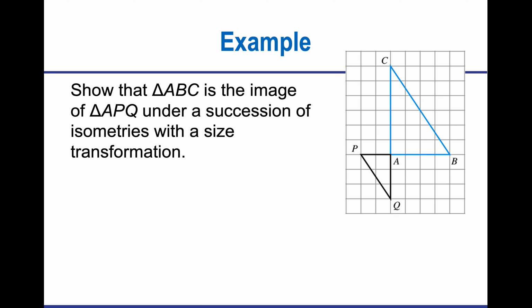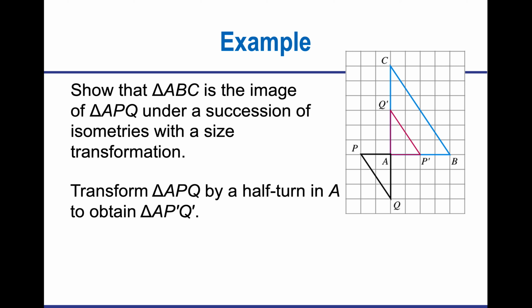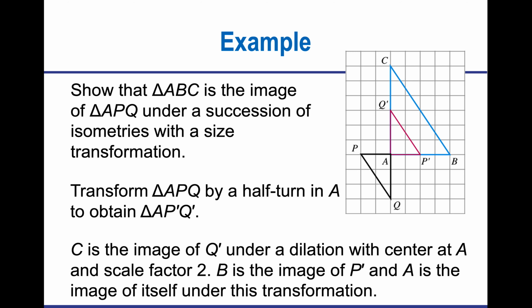If I want to show that something is an image under a succession of isometries, which means more than one, first I want to do a half turn, or a rotation, to get the triangle upright. Once I have the triangle upright, then I can figure out if this is a dilation. Notice the prime is at Q and P, so something has happened to this larger triangle to make it smaller and rotated.